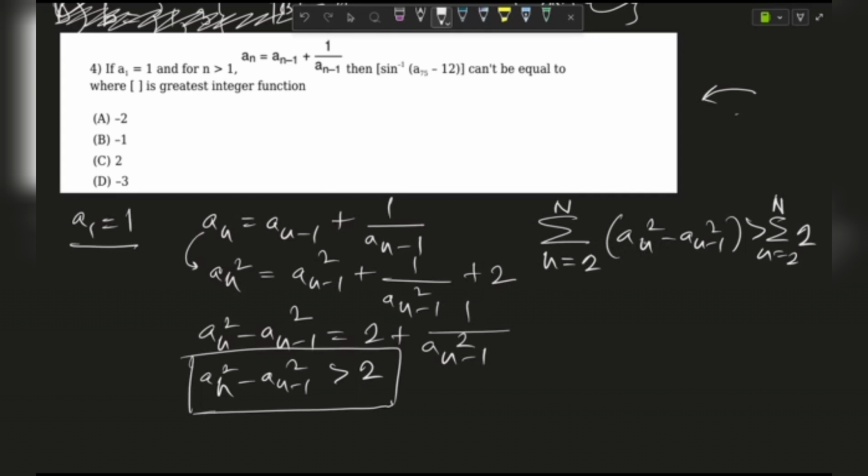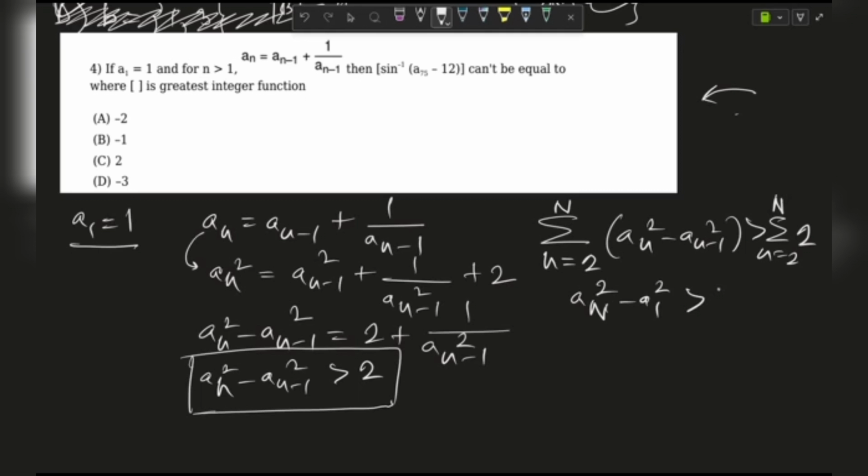If we add up all the expressions, this will be capital AN square minus a1 square. All the terms are getting cancelled. It's like minus plus, and the common terms will get cancelled, right? I hope you can understand.